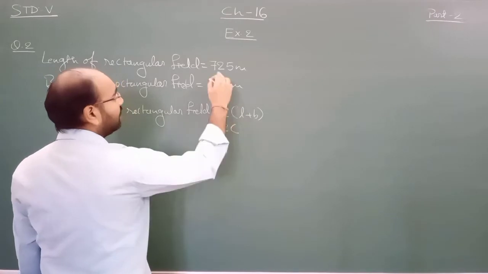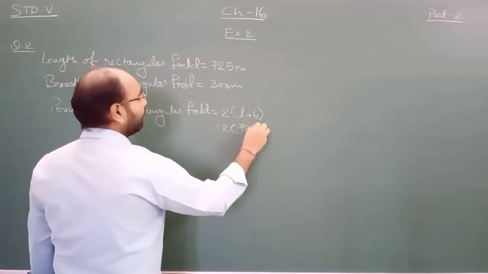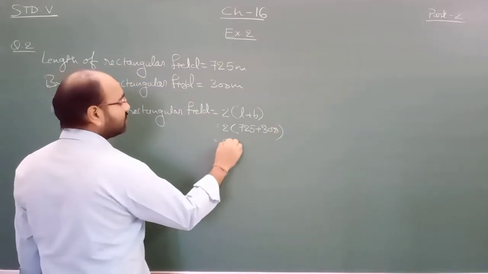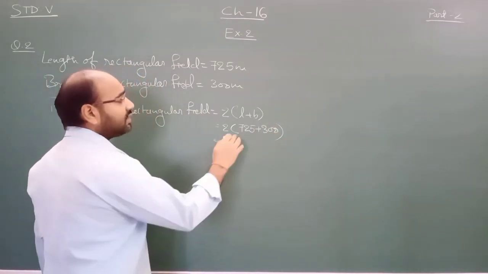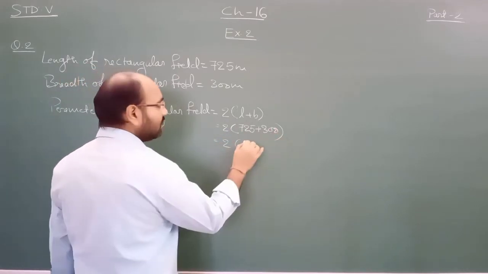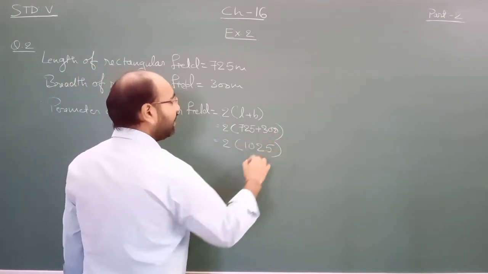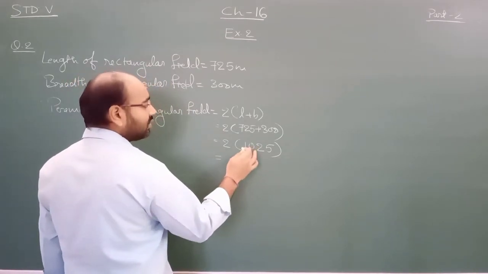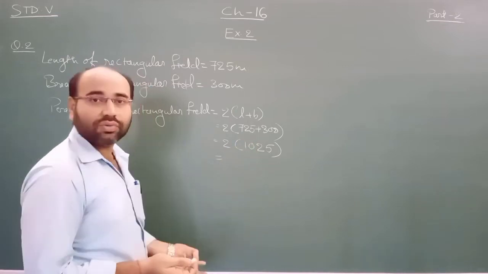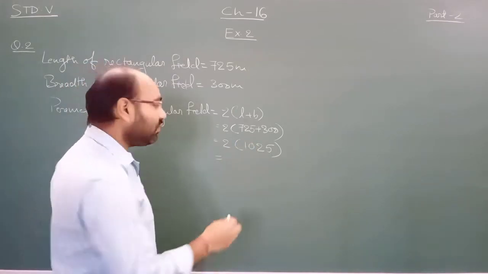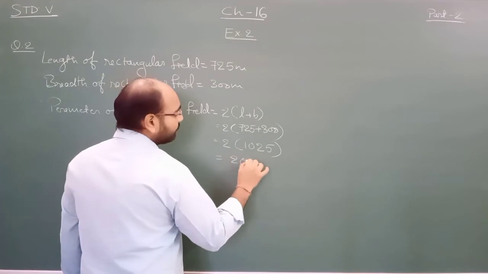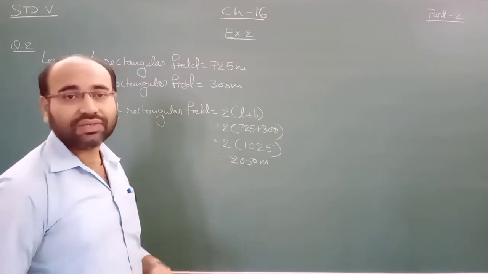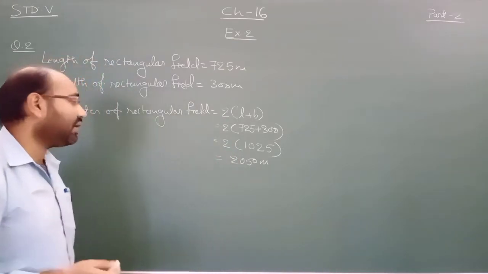So 2 into (725 plus 300), that comes to 2 into, when we add it, 700 plus 300 is 1000, so it will come 1025. 1025 2s are, when you do it, 1000 into 2 is 2000, and 25 2s are 50, so it will come as 2050 meter. This will be the answer which we are getting as the perimeter of rectangular field.